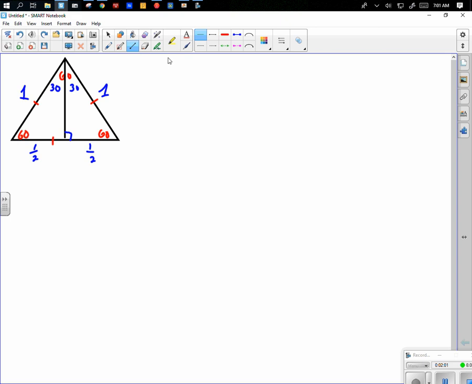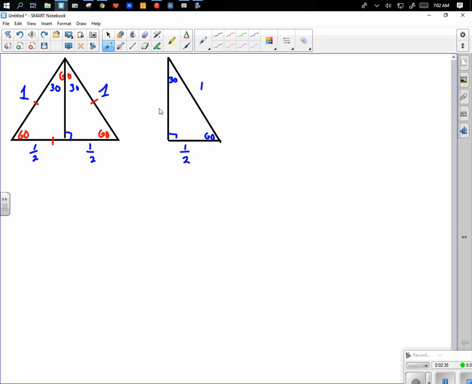Let's say we have a triangle that looks like this. Now, the small angle will be 30. The medium angle will be 60, and this will be 90. Now this side is still 1. This side is 1/2.